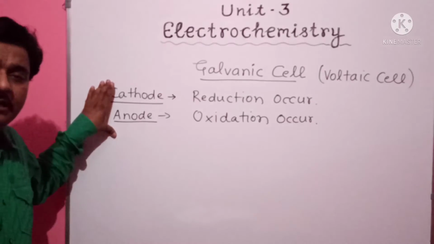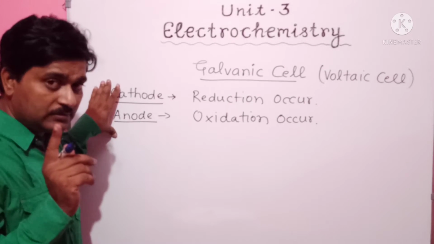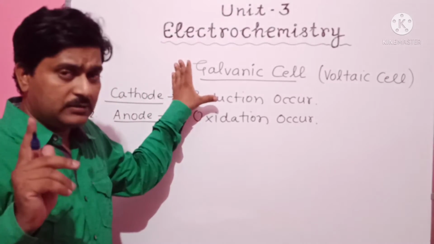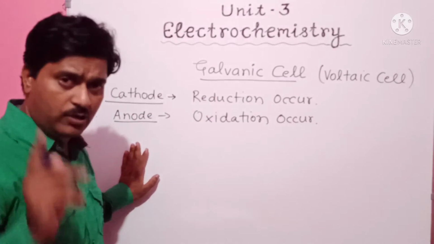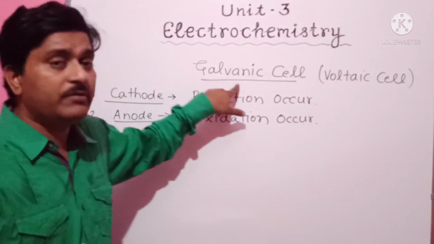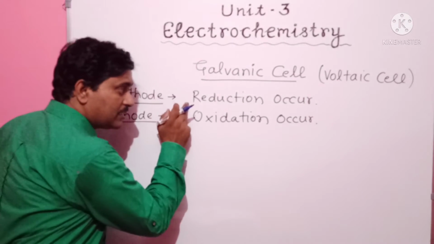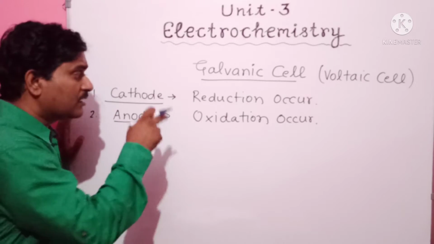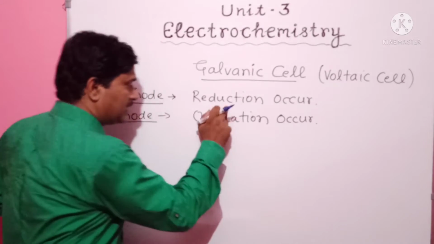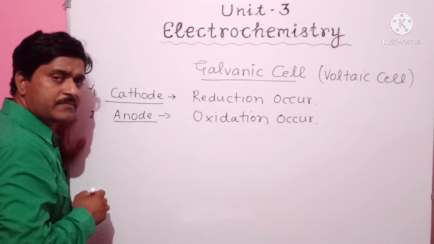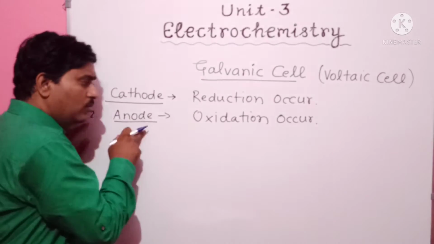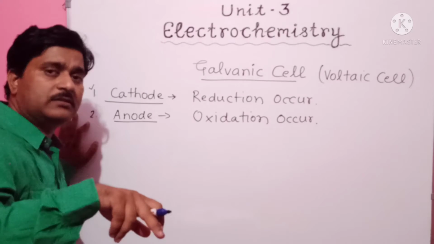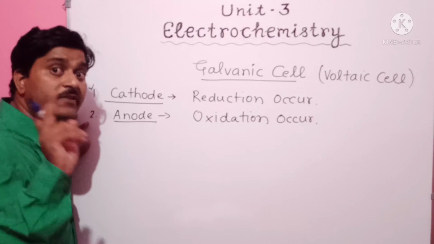These two words, cathode and anode, are repeated throughout this chapter. So, when anybody wants to identify the cathode and anode in a galvanic cell: the electrode where reduction occurs is the cathode, and the electrode at which oxidation occurs is the anode. Oxidation means loss of electrons.